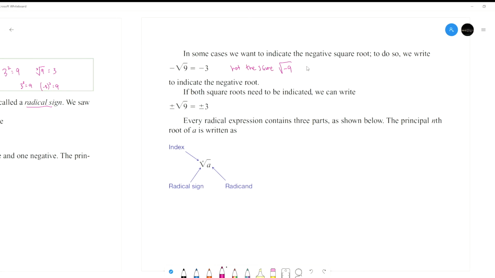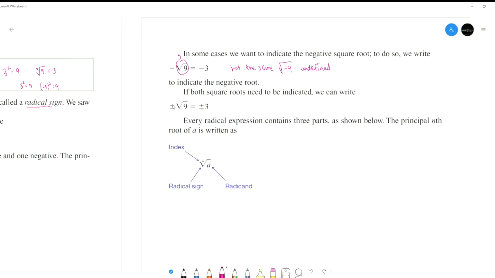This we're going to learn soon is actually undefined. So when you have a negative square root of 9, that's the same thing as saying minus the square root of 9. The square root of 9 is 3, so you have negative 3 as your solution.